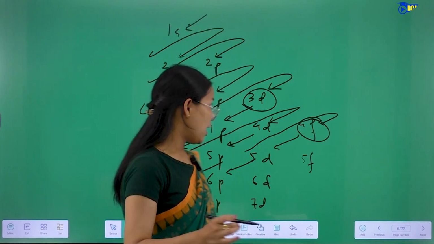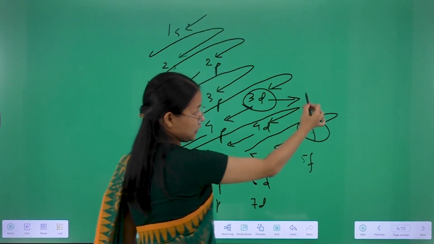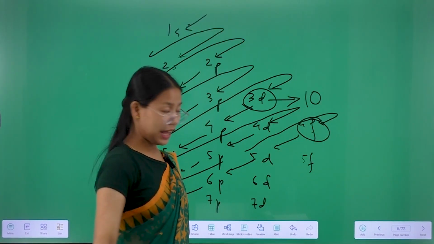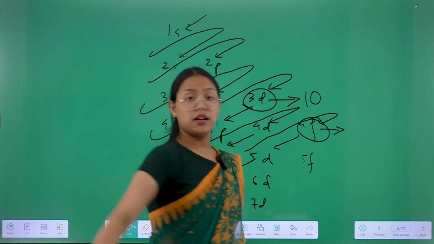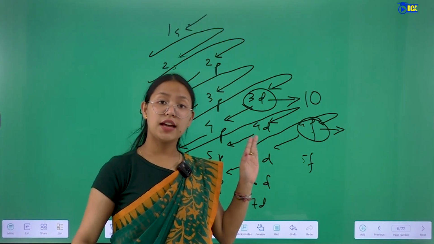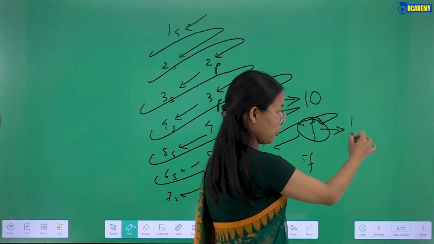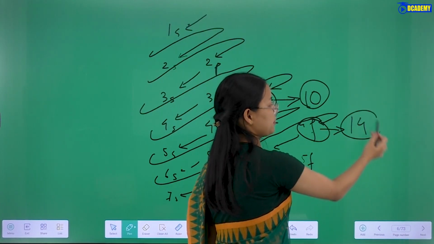The d block has 10 elements, and the f block has 14 elements.